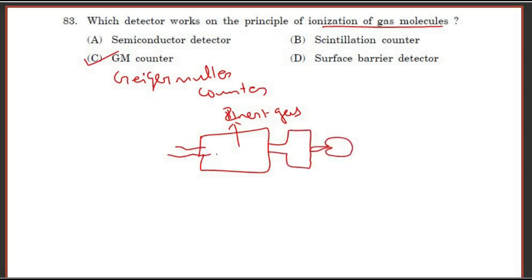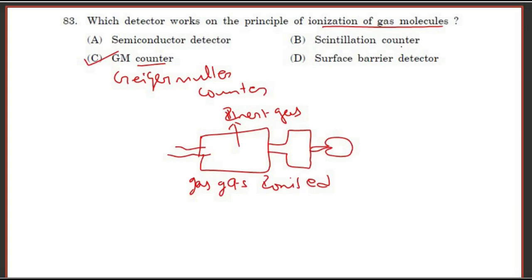The gas gets ionized, in which alpha rays ionize easily compared to beta and gamma rays. Hence Geiger-Muller counter detects the ionization of gaseous molecules. Option C is the correct answer.